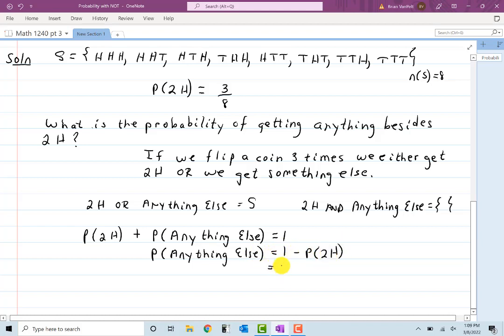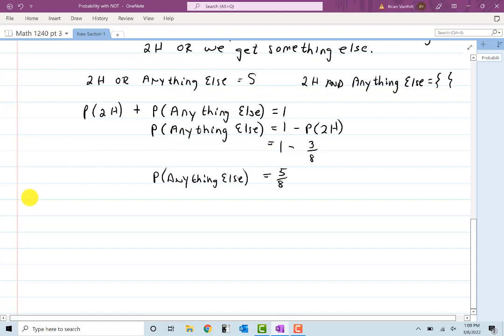Well, we just did that. That's 1 minus 3 over 8, which is 5 over 8. So the probability of anything else is 5 over 8.